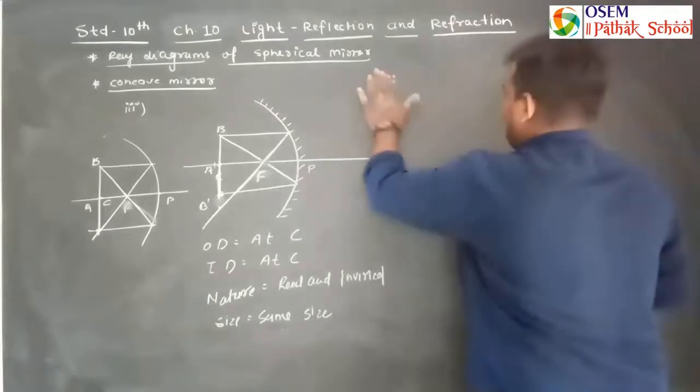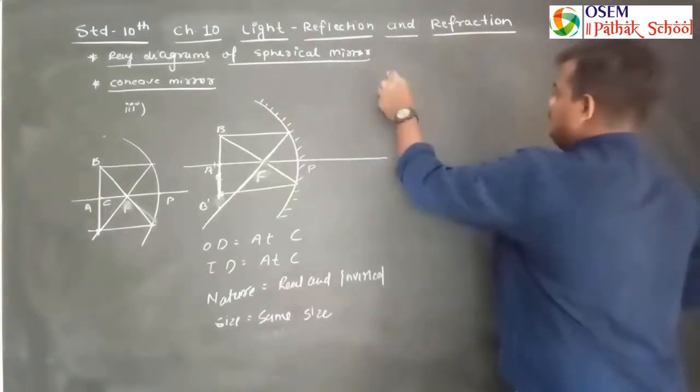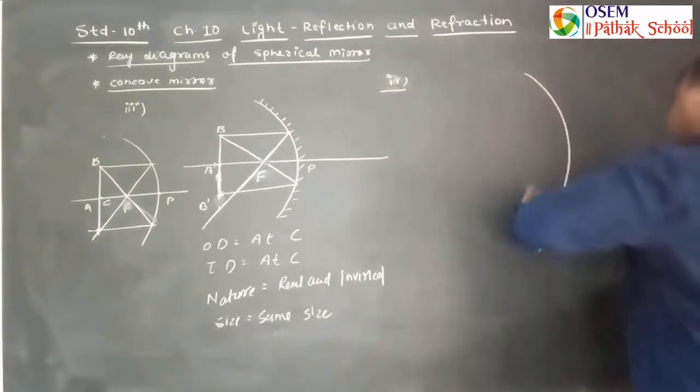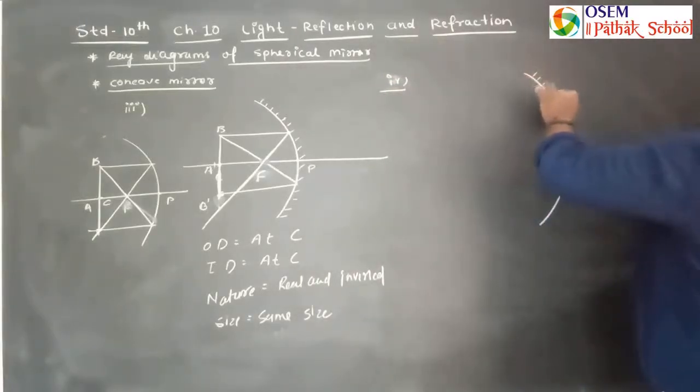Now fourth position of object which is placed in front of concave mirror. So this is our concave mirror.